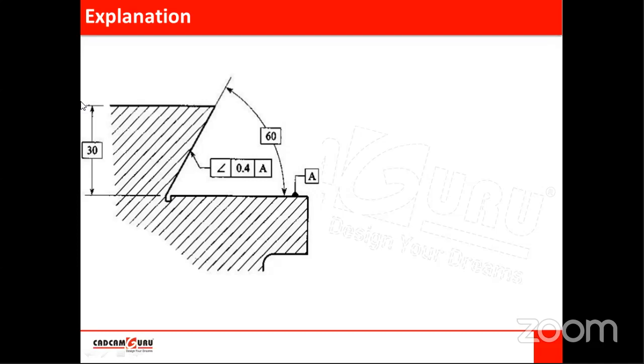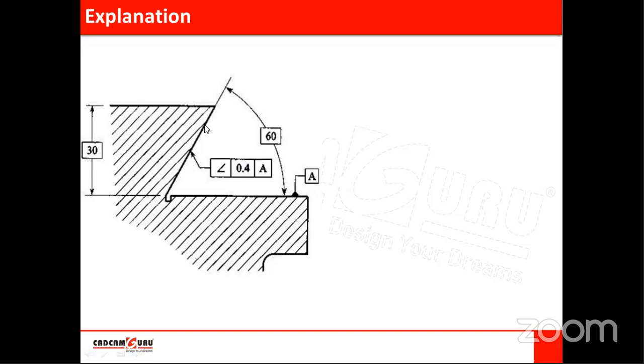Okay, this height is also mentioned here. Now, when we are applying the feature control frame, we know these dimensions are converted to basic dimensions. Means there will be some tolerance for this dimension, and there will be some tolerance specified for this angle. All these are considered using this feature control frame. So no need to apply tolerances for these two dimensions. Okay, so these tolerances are taken care of by the feature control frame.